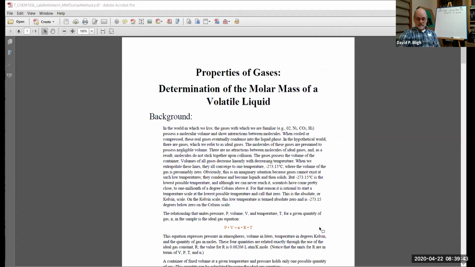But he did develop this method, and we're going to use it to determine the molar mass of a liquid that is volatile under reasonable conditions, say in boiling water. Okay, and then the data will look like this.